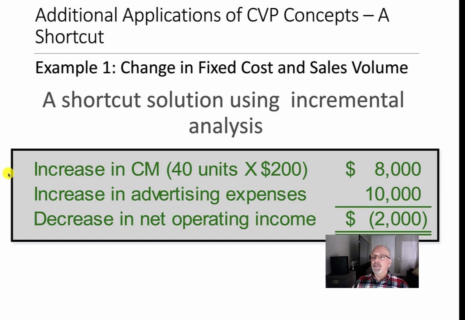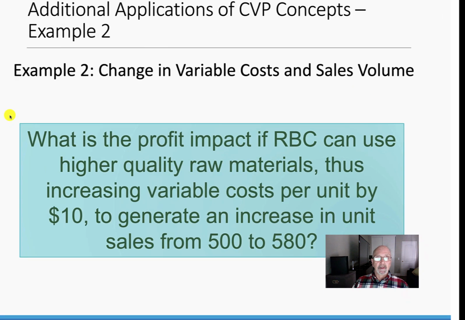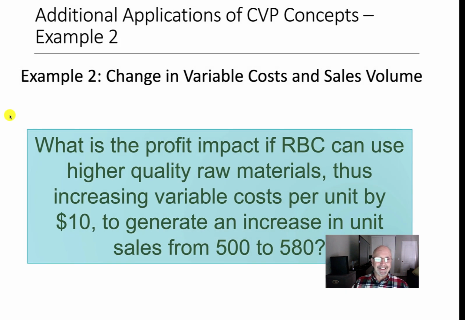And that's what we're going to see here. Take that unit contribution margin times the additional number of units, and then compare it to the additional expense. Not a good idea.